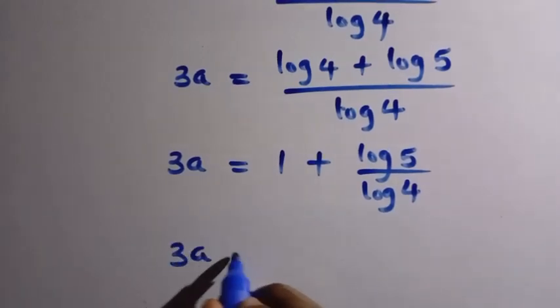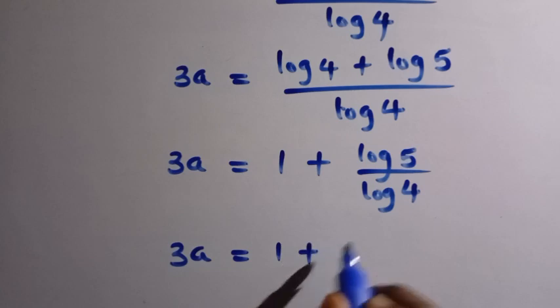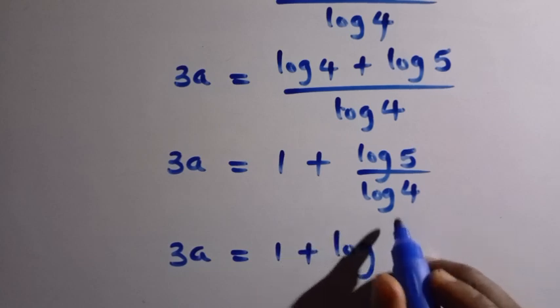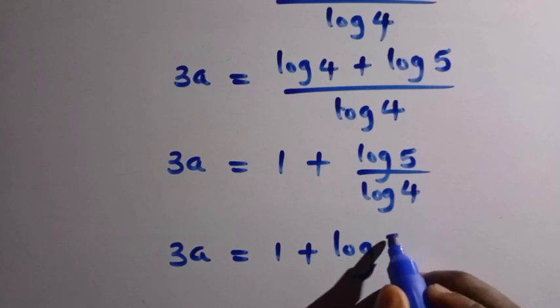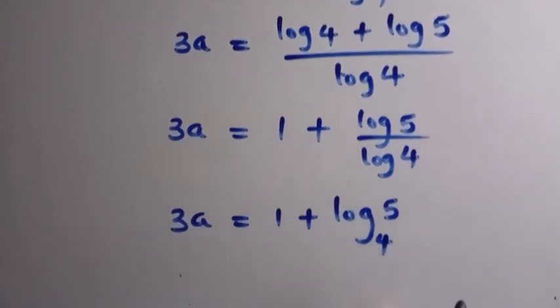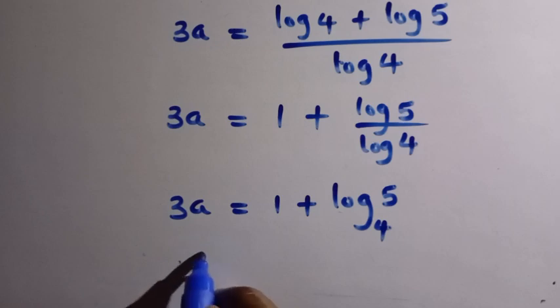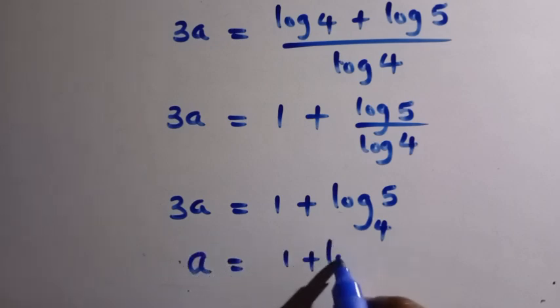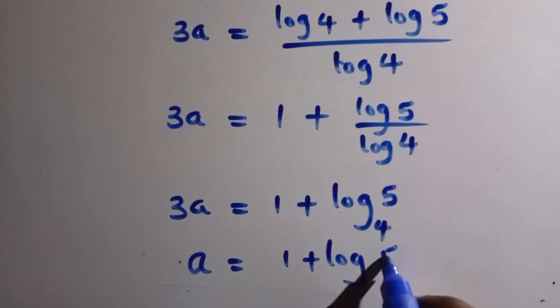So we call this one 3a equals 1 plus log 5 divided by log 4, that is log 5 base 4. And by dividing both sides by 3, we are going to have our a here equals 1 plus log 5 base 4, divided by 3.